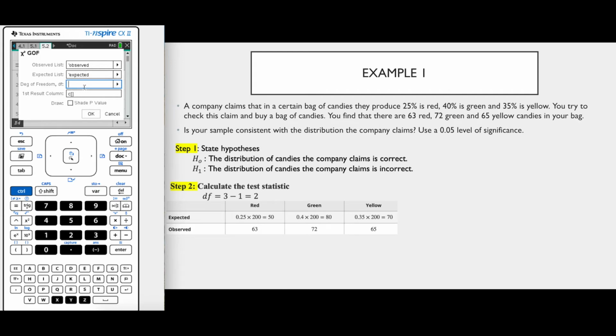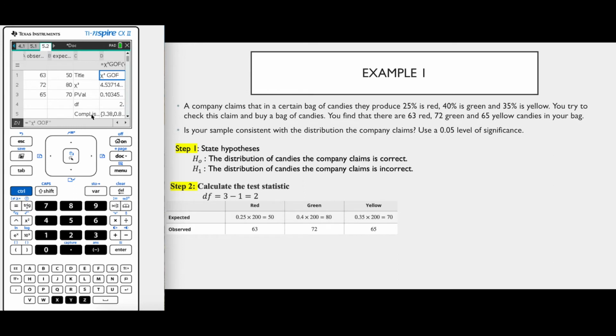And notice that they ask us to input the degrees of freedom here. So we have to input it ourselves. So the degrees of freedom we said was 2. And then this is just where the information is going. And then you don't need to have anything shaded. So you click OK. And now we have the information given to us in terms of our chi-square calculated value and our p-value here.